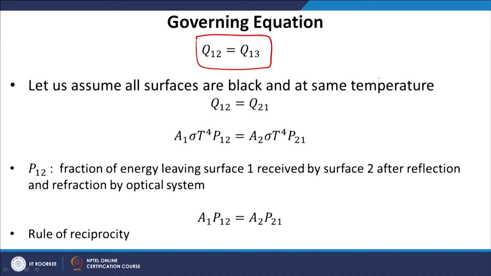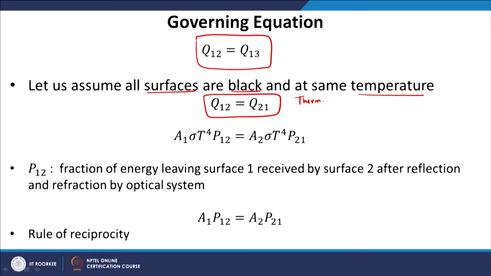Now, from the radiation analysis point of view, we assume all surfaces are black and at the same temperature, such that Q12 is equal to Q21. So, if instead the surface 2 is radiating, then whatever energy is radiated from 2 should go to 1. So, Q12 is equal to Q21 from thermodynamics.